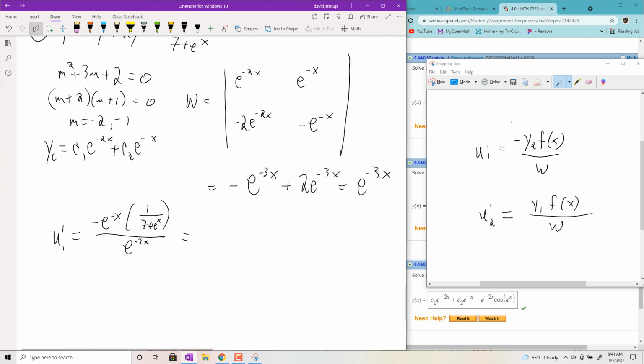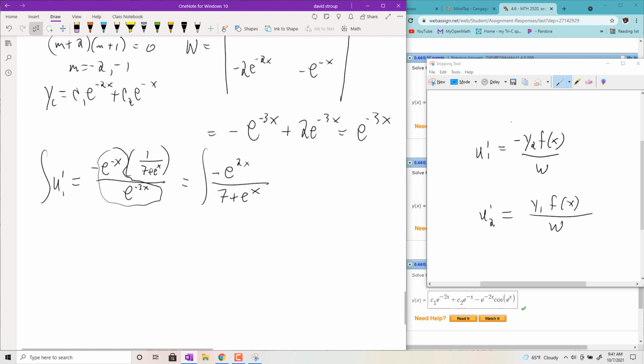So this is equal to negative e to the positive 2x when I simplify these two, and then all over the 7 plus e to the x. I'm going to integrate that guy. That doesn't look like a lot of fun, but we'll try anyways. I'm thinking of doing long division, believe it or not.